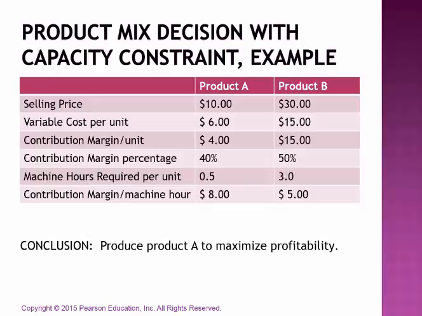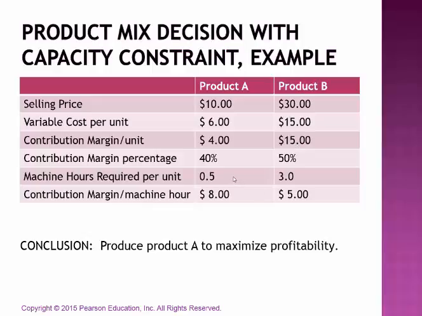So if product A takes half an hour to do and product B takes 3 hours to produce, then we need to use those numbers to calculate the contribution margin per machine hour. So what you guys need to do is take the contribution margin per unit in dollars and then divide those by the limited resource.